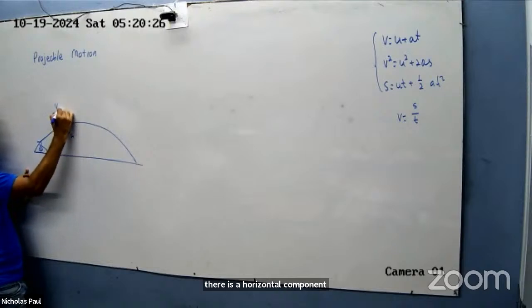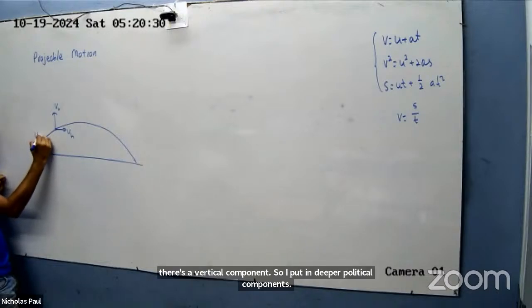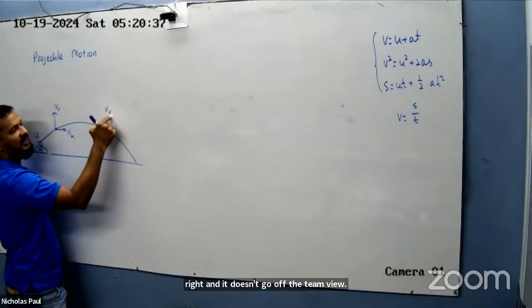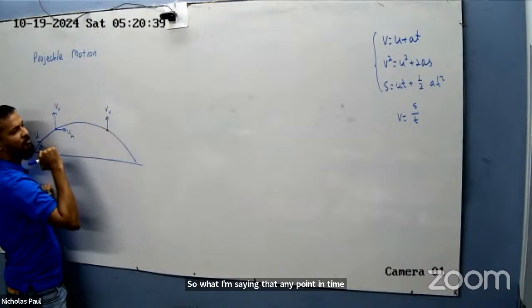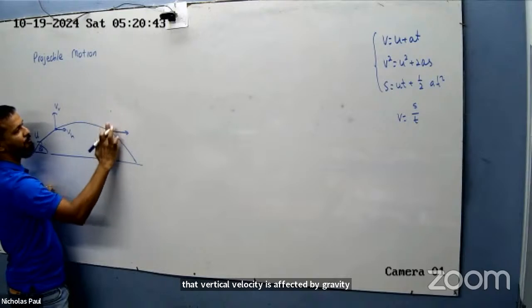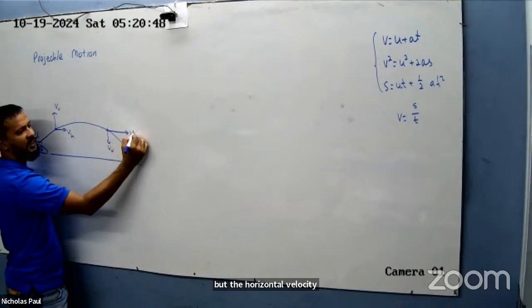I put in V for the vertical component, and it has an initial velocity u. At any point in time, the vertical velocity is affected by gravity, but the horizontal velocity is not.